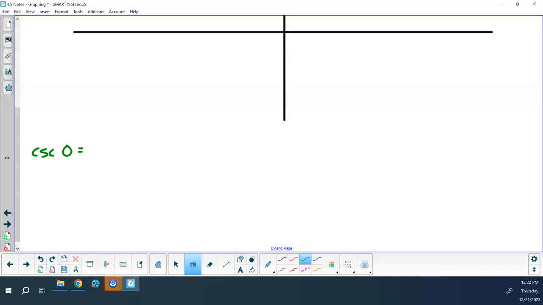Because it's 1 over 0, which makes it be undefined. Which makes there be a what? Vertical asymptote. Okay. Where else? Negative 2 pi, positive 2 pi would be undefined in the cosecant form. Pi?